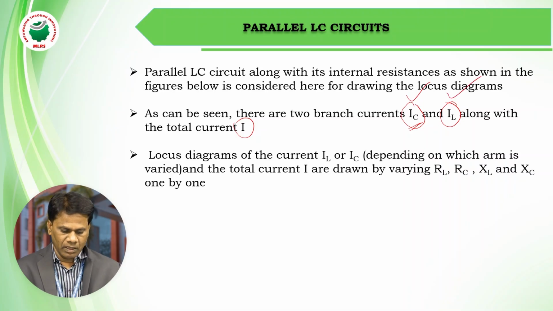Similarly, the locus diagram of the current IL or IC, depending on which arm is varied, and of the total current I, is also drawn by varying RL, RC, XL and XC one by one. Here in this lecture, I am considering the variable element XC.